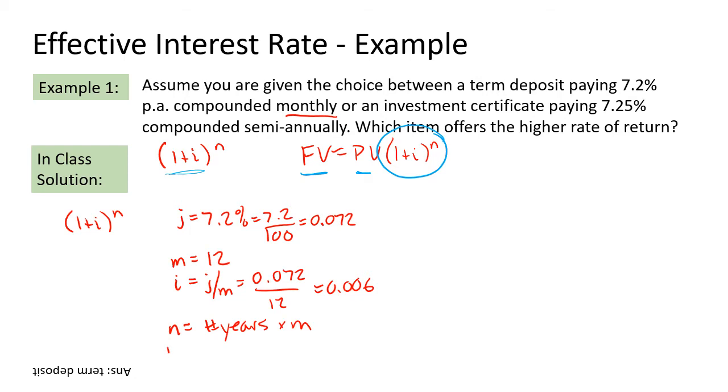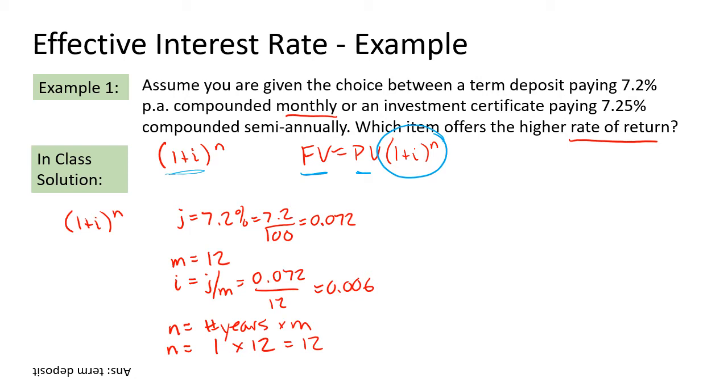So n is equal to 1 multiplied, in this case, by 12, which equals 12. Because we're looking for the higher rate of return, we're not looking for a specific number. We're just looking to figure out which multiplier is larger. So you can always assume the number of years, unless provided in the question, is 1.